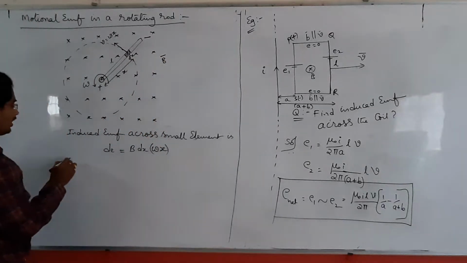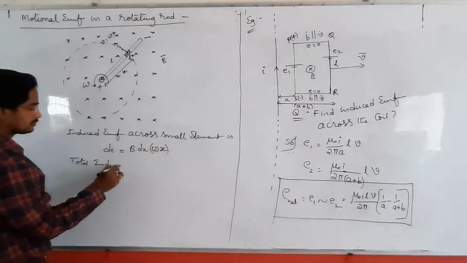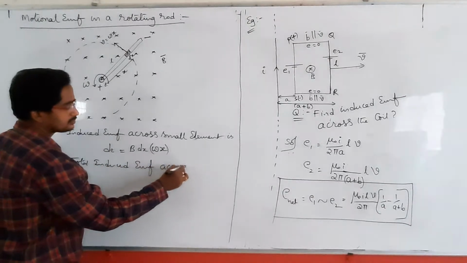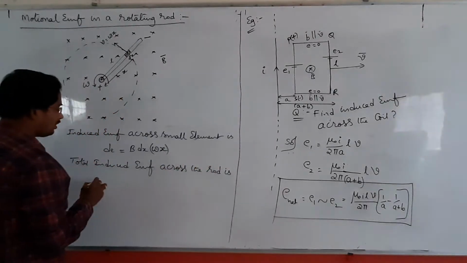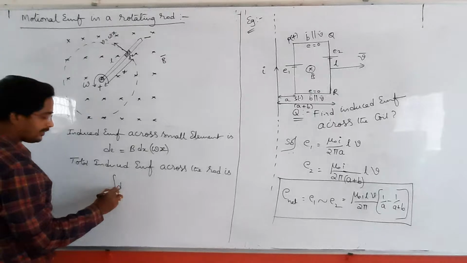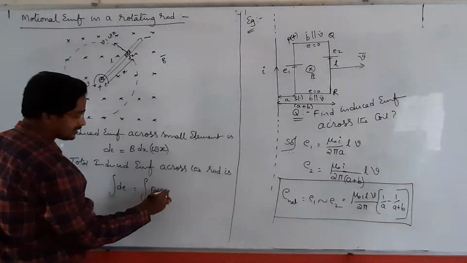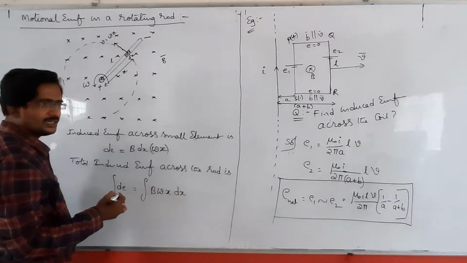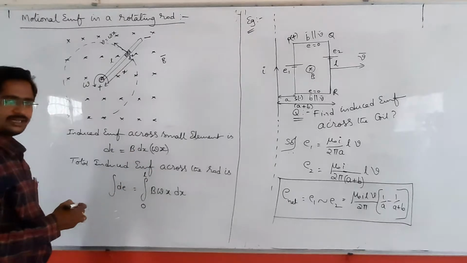Next, total induced EMF across the rod. So how can we get it? By integrating that, we get B omega x dx. And what are the limits for integration here? 0 to L.